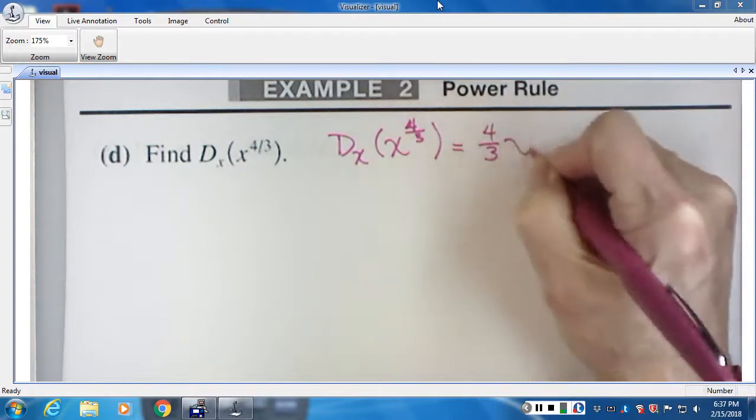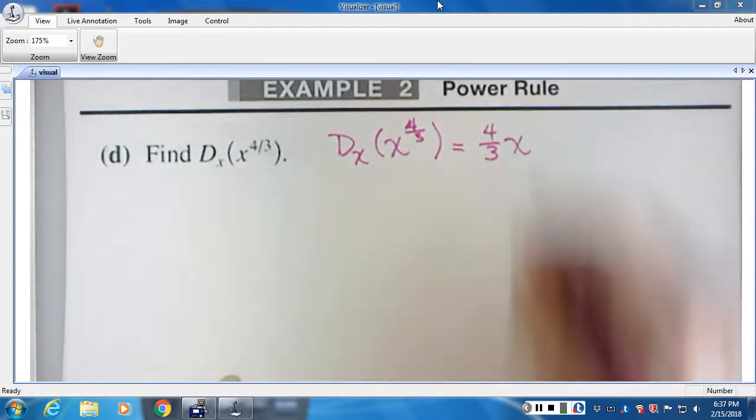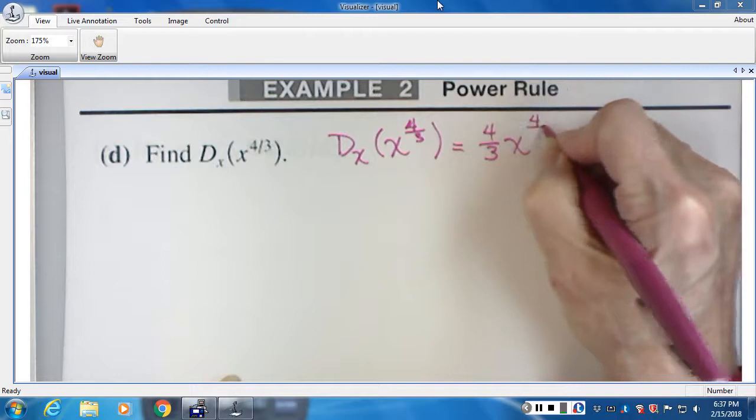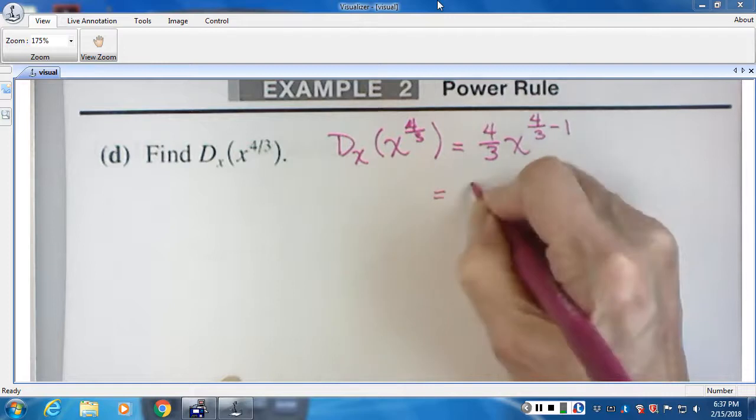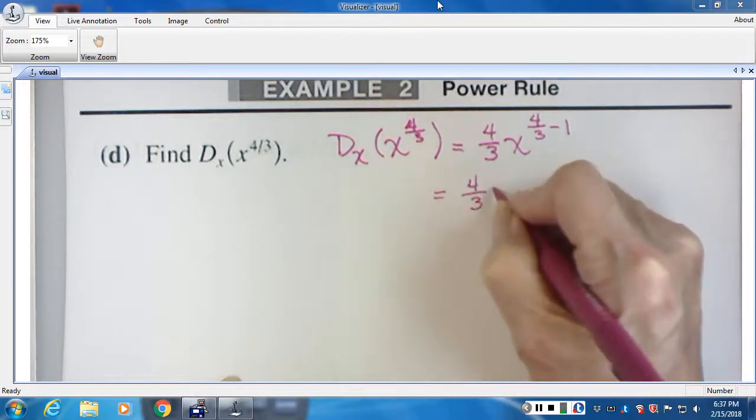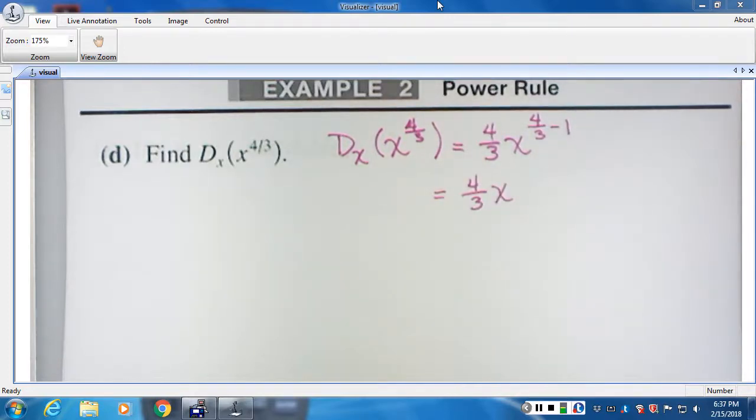I keep the x where it is, and then I subtract 1 from the 4/3 power. And 4/3 minus 1 is negative 1/3.